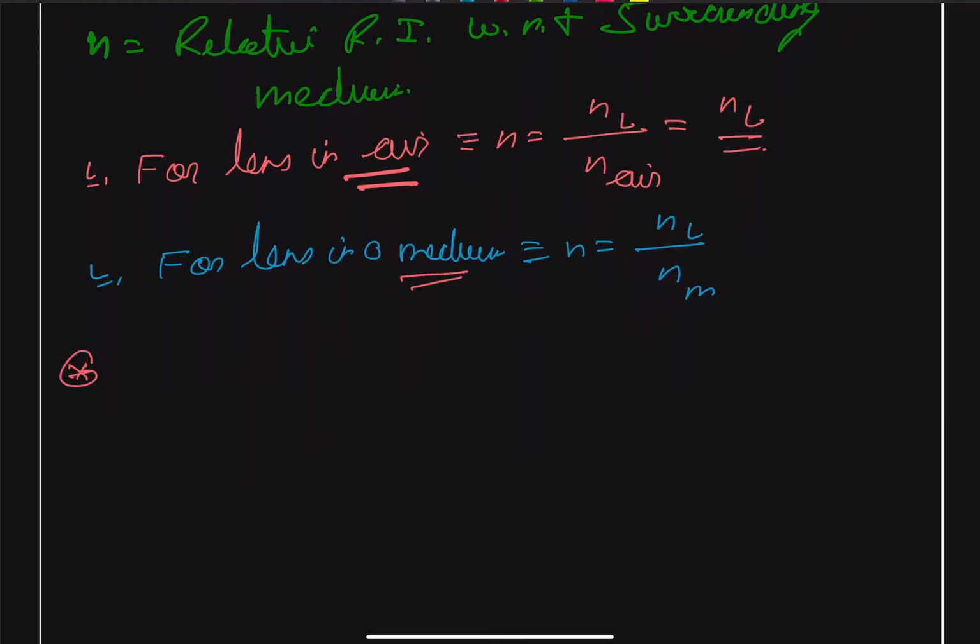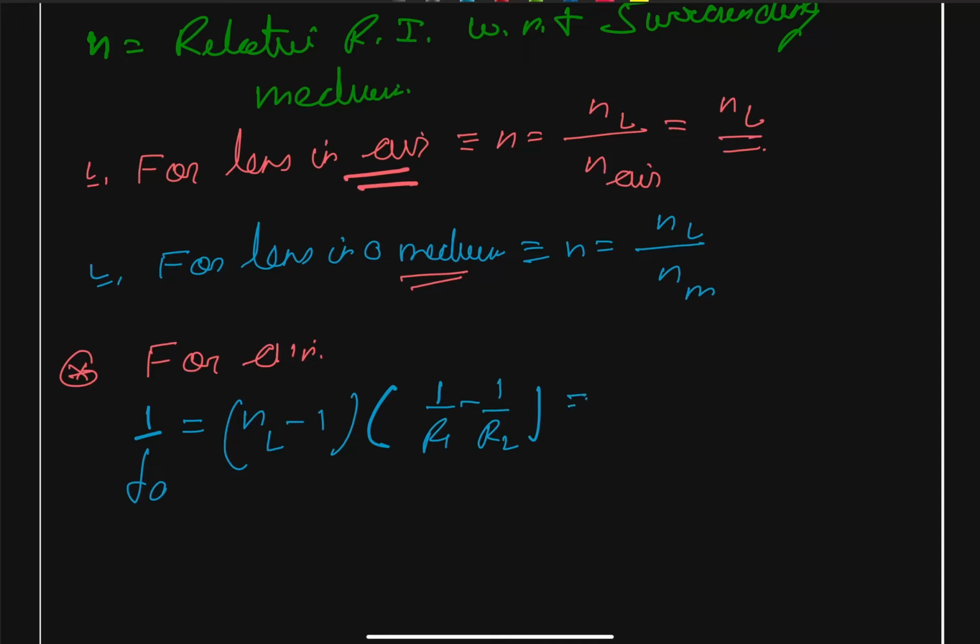For air, 1 upon Fa will be equal to (refractive index of the lens minus 1) times (1 upon R1 minus 1 upon R2).